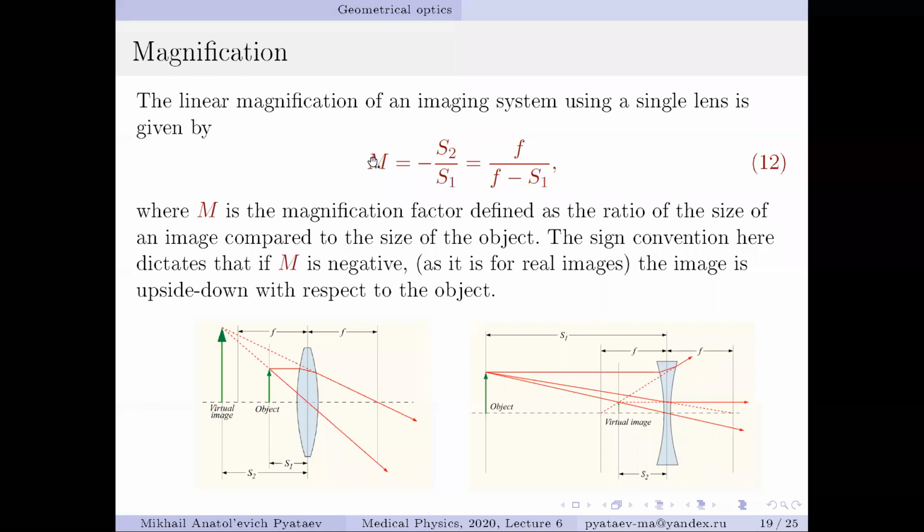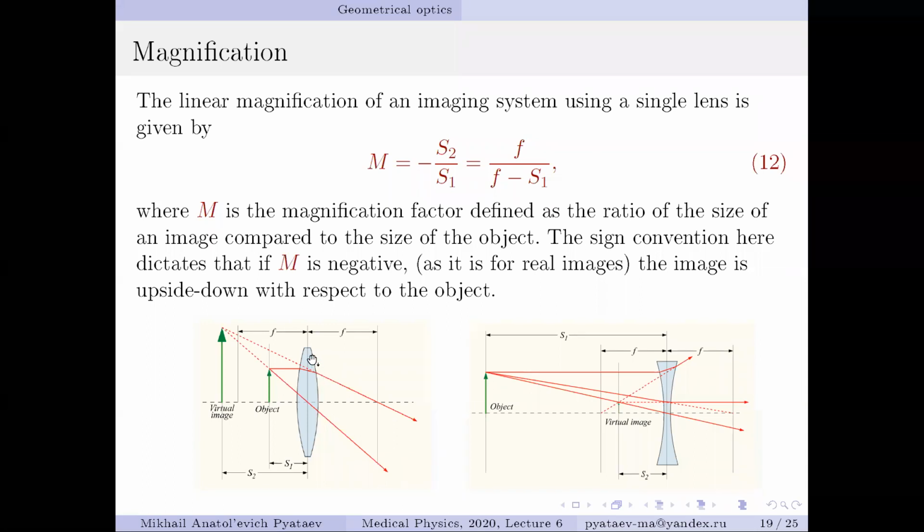And if we discuss linear magnification, you see it is not a characteristic of lens. It is a characteristic of distances from object to lens and from lens to image. So it can be different, and there is no such characteristic as magnification for a single lens.